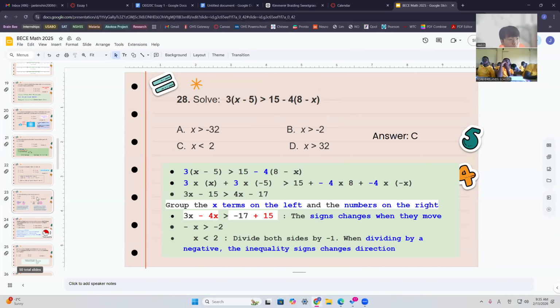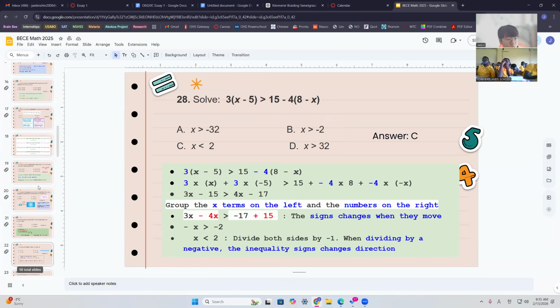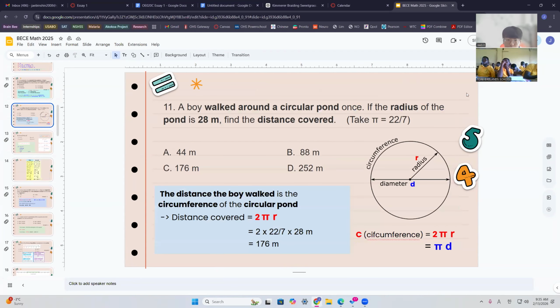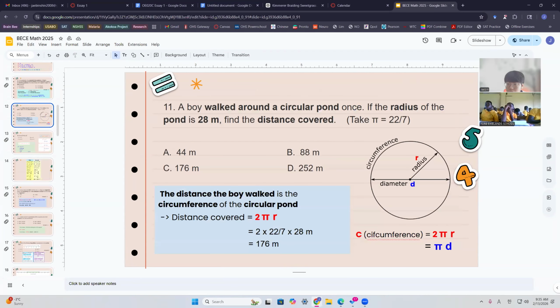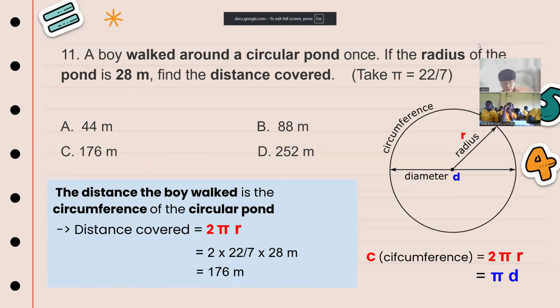Let's go back to one of the questions. I wanted to return to this one before we finish. This one was finding the circumference, and I wanted everyone to understand what the circumference was and how we find that.